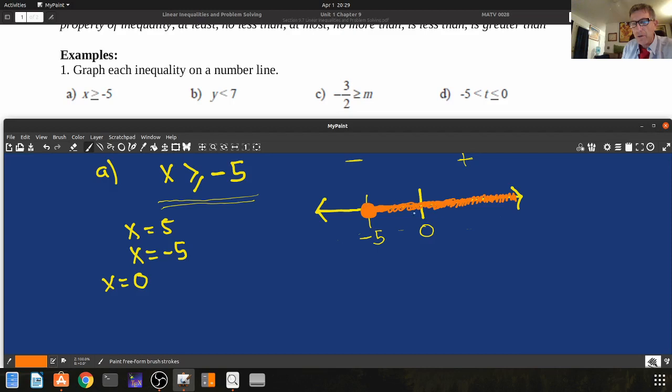So this number line with the orange color here shows all numbers x greater than or equal to minus 5. Those are all numbers that make this particular inequality true.